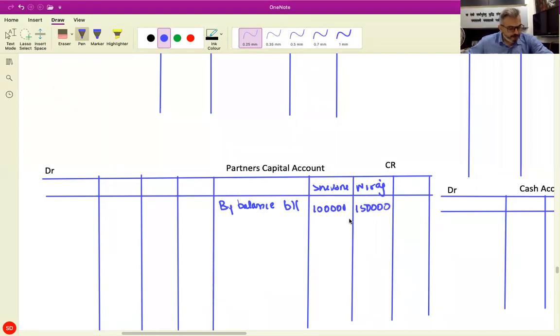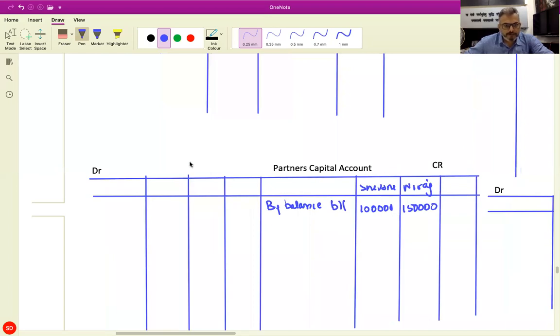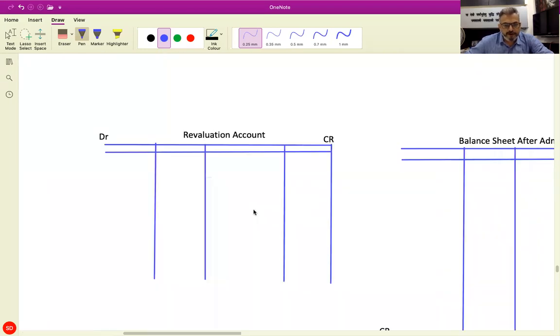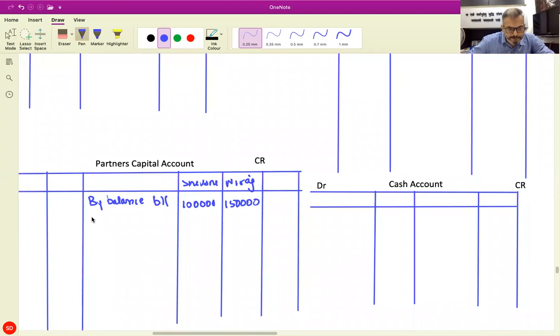Then profit and loss account. Profit and loss account 9,000. So by profit and loss account 9,000, the ratio is 1 is to 2. So 3 threes are 9, so 3,000 and 6,000.